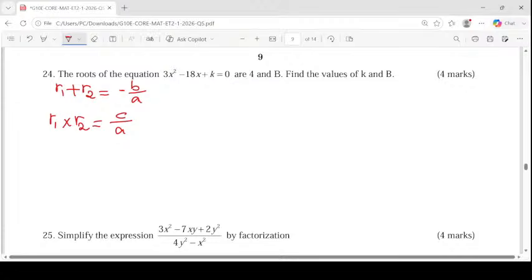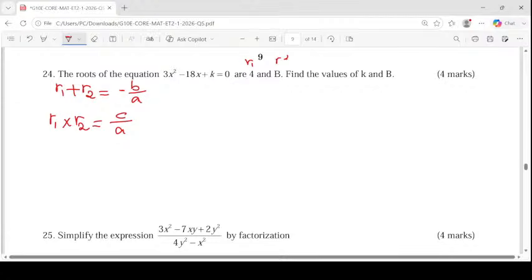So when we substitute this, we are going to realize when I do the addition, root 1 plus root 2, 4 can be my root 1, then b can be my root 2.